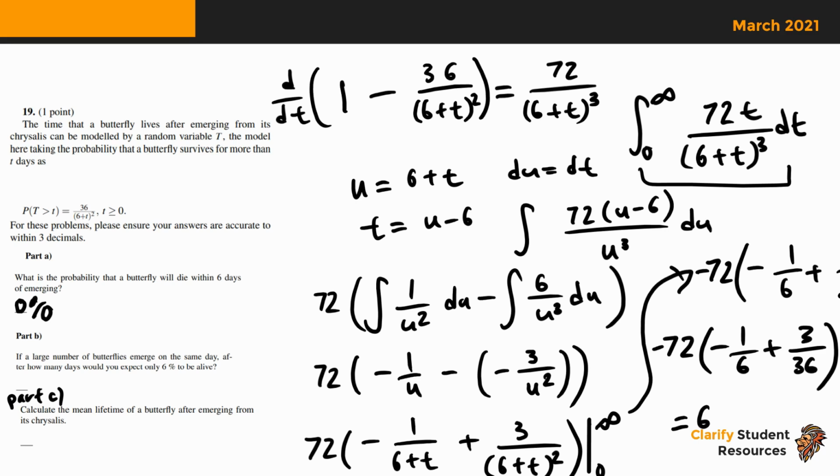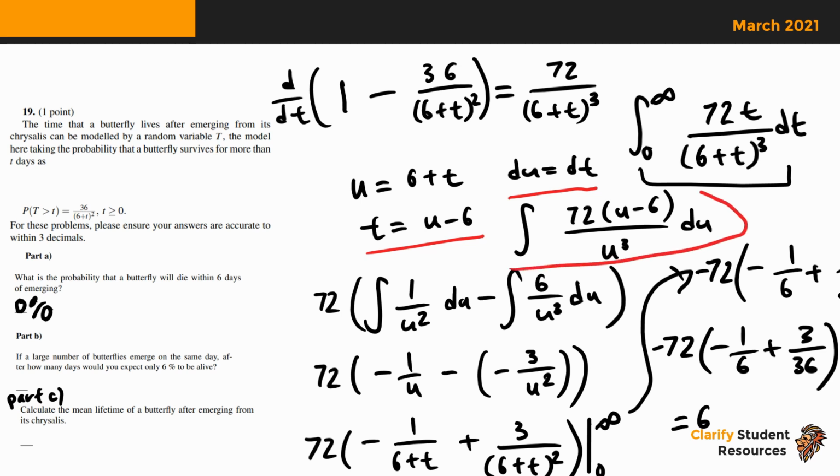So remember, to find the mean, we're just going to multiply by x times p of x dx. So in this case, it's going to be t. And we're going to be left with the integral of this. Now to solve the integral, we need to do some u substitution. So we're going to do u is equal to 6 plus t, meaning that du is equal to dt, and t is equal to u minus 6.